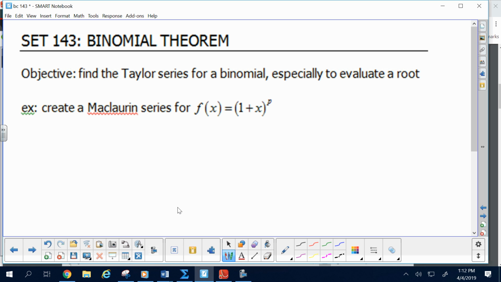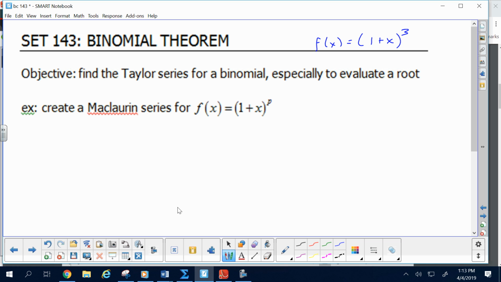Now, today, we're going to try and mimic the behavior of a function like 1 plus x to some power. Now, you might be thinking, so you mean like f of x equals 1 plus x cubed, maybe, for example. Now, tell me why it would be a colossal waste of time to try and make a Maclaurin series for 1 plus x to the third.